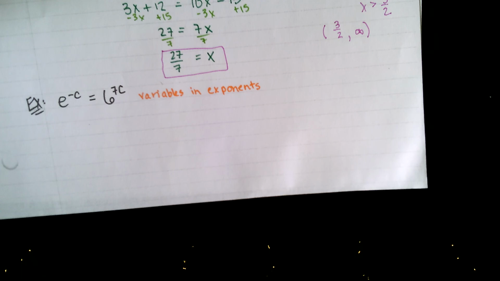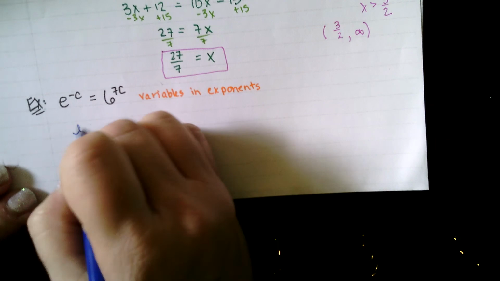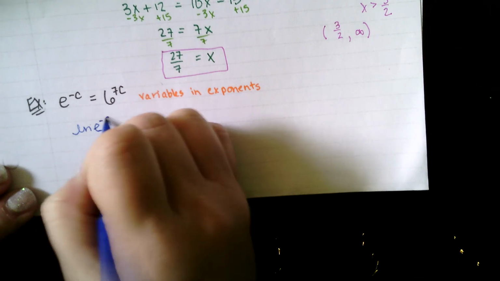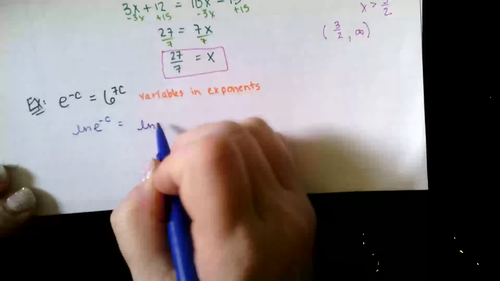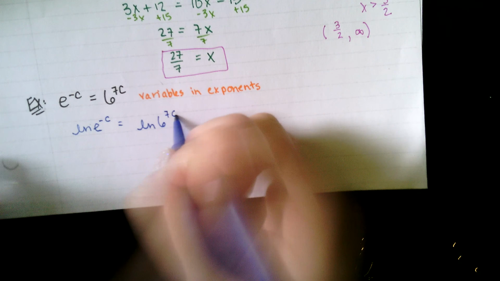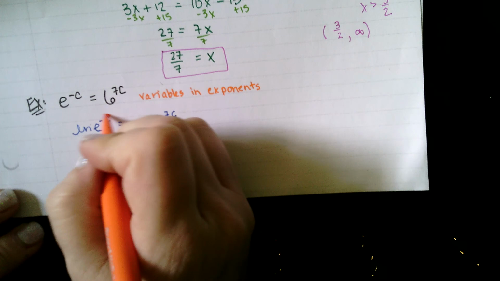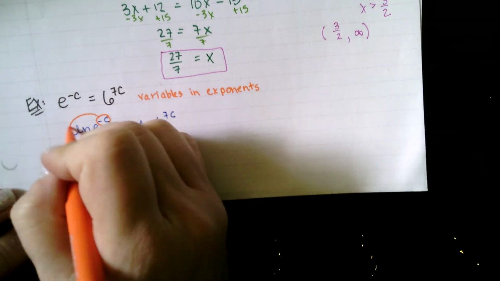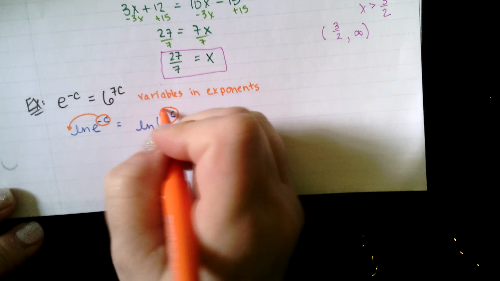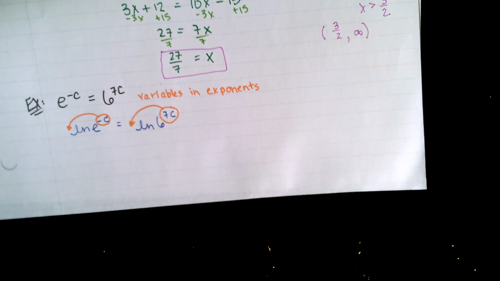So here we go. Natural log of e to the negative c equals natural log of 6 to the 7c. Now the reason that we use that strategy is so we can bring those exponents out front, which gets the variables out of the power.